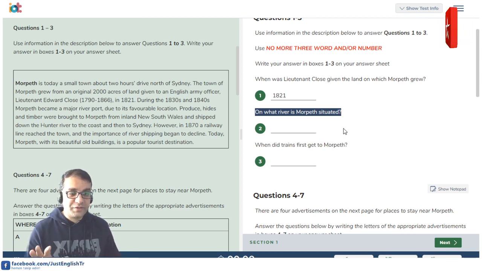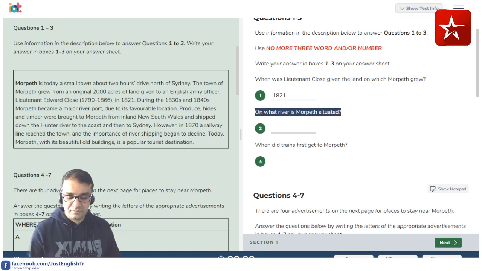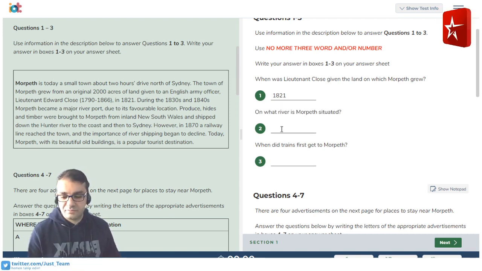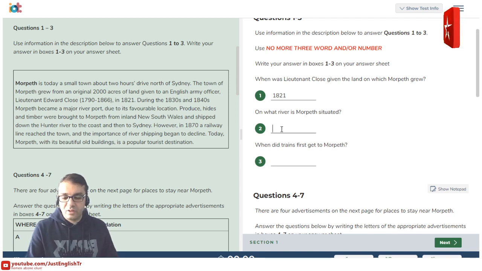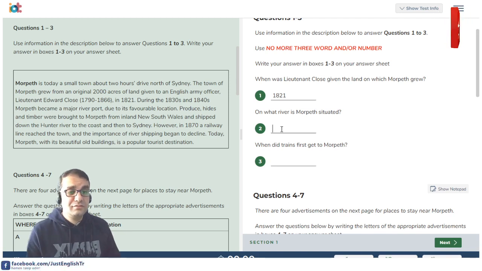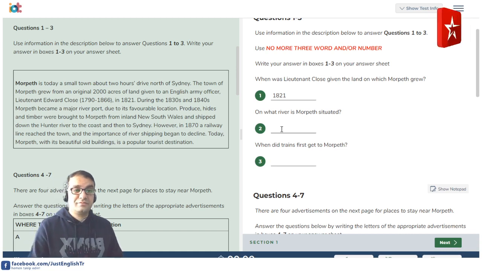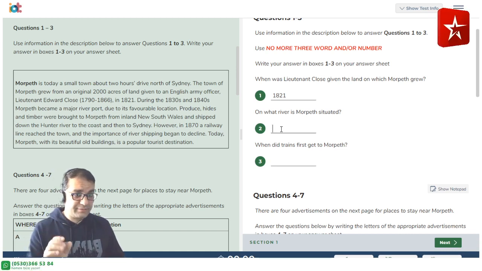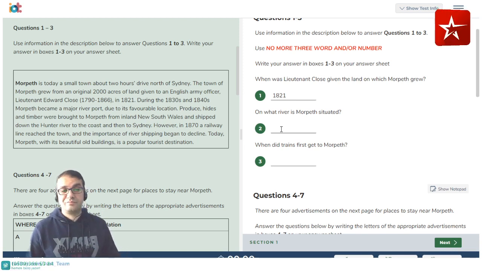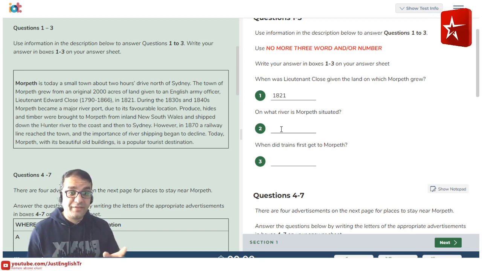So where is the keyword of the second question? Okay, what else? There are two keywords here. Situated is actually another keyword, because this was a time of event here.